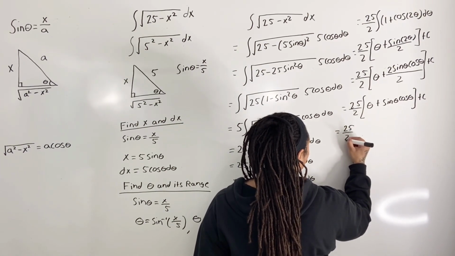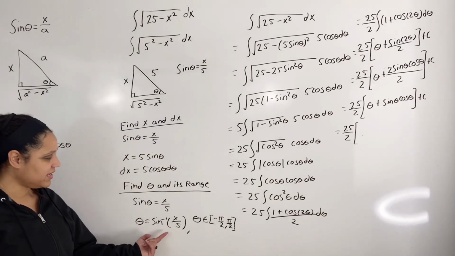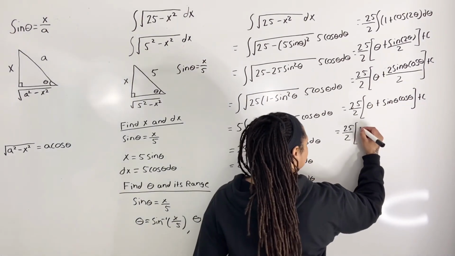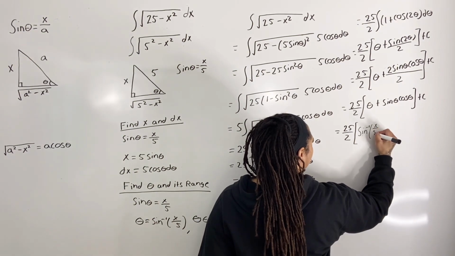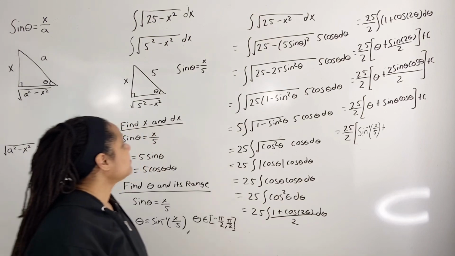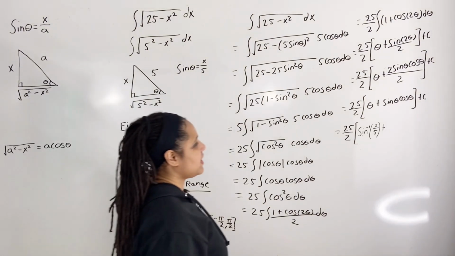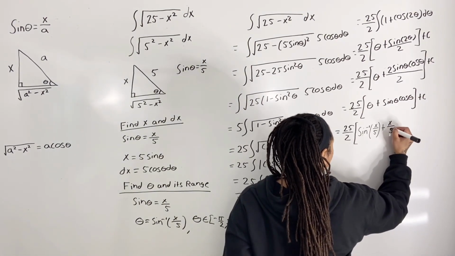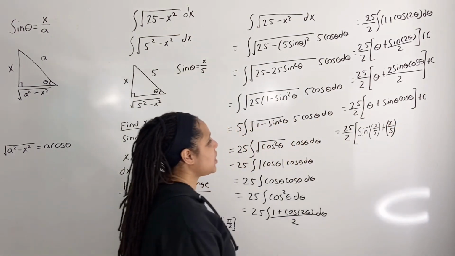25 over 2 times theta. The value of theta is sine inverse of x over 5. So we have sine inverse of x over 5 plus the value of sine of theta, which we know here: sine of theta is x over 5. So here we have x over 5 times the value of cosine of theta.